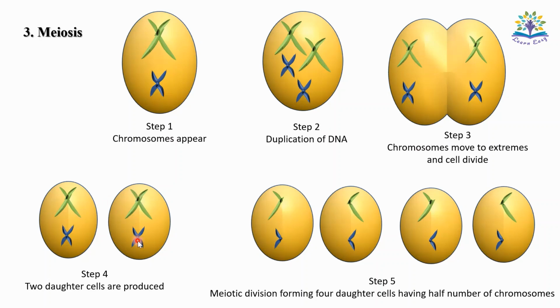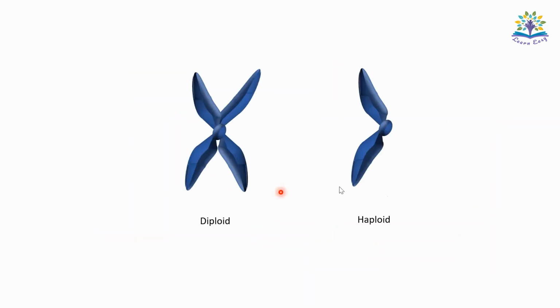Once 2 new daughter cells are produced, each daughter cell undergoes meiotic division, forming 4 new daughter cells. As you can see, the new daughter cells have only half the number of chromosomes as the parent cell. That is, they are haploid. This is a haploid chromosome and this is a diploid chromosome.